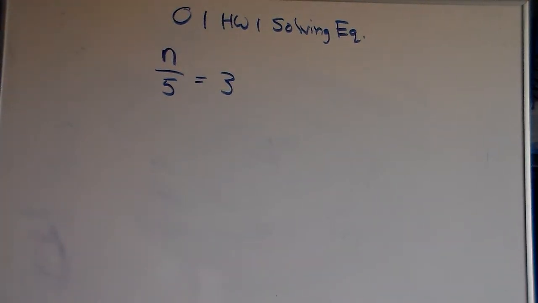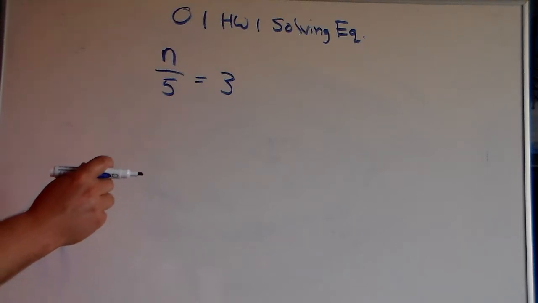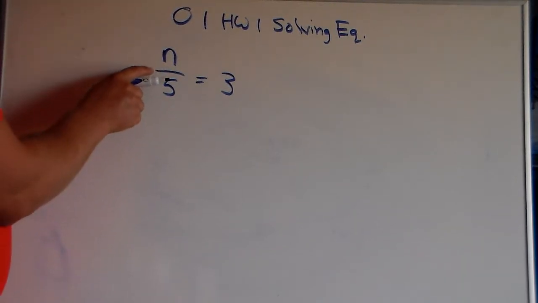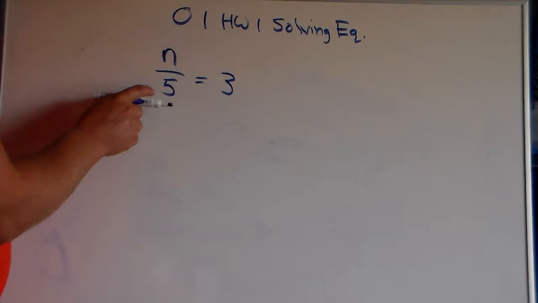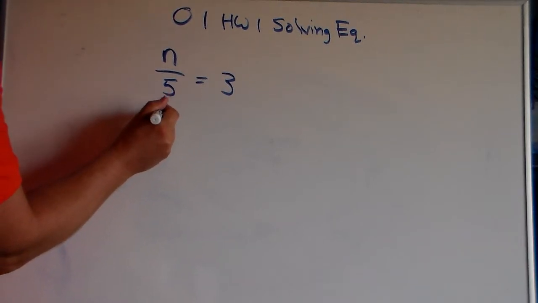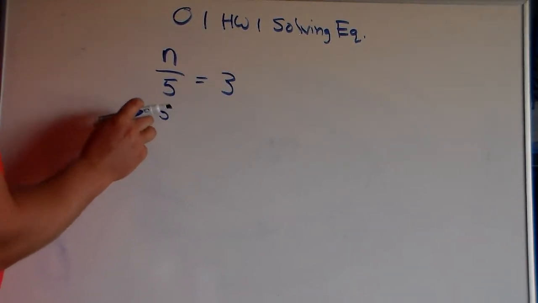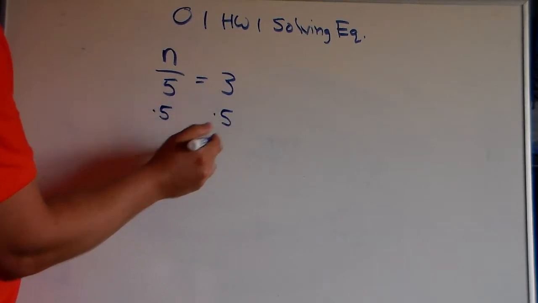Now our goal is to get n all by itself. So how do we go about doing that? Well, we use our inverse operations. The inverse operation of divide by 5 is times 5. So you're going to multiply by 5 on the left hand side and on the right hand side.